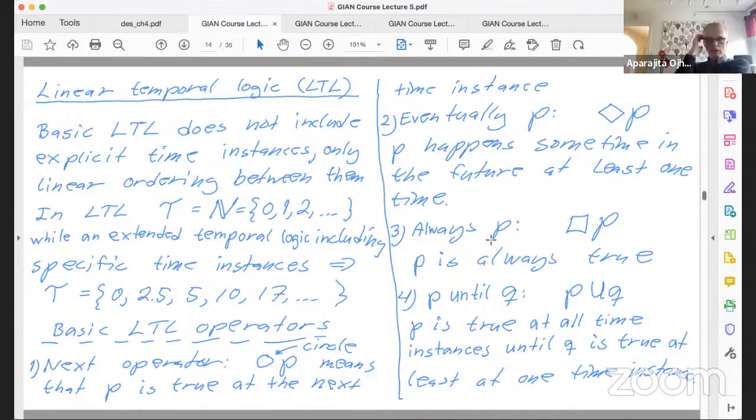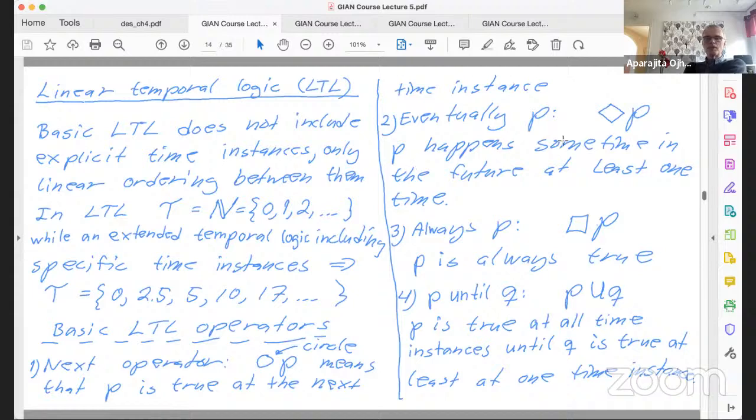For me, it's more natural to say always P, but of course you can also say globally P. So because of the mix and the problem of relating the quantifier A, always, with the modality G, globally, I go for these notions, square and diamond, and then circle for next.